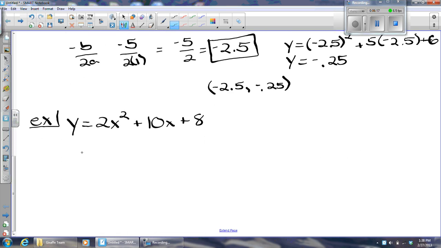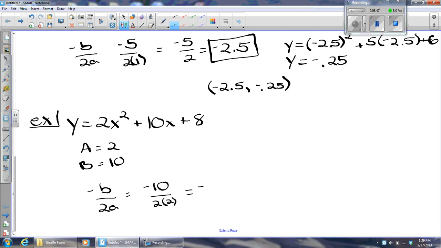First, we're going to find our A and B. So A is 2, B is 10. We're going to plug it into our formula, negative B over 2A. And we get negative 10 over 2 times 4, or 2 times 2, which is 4.